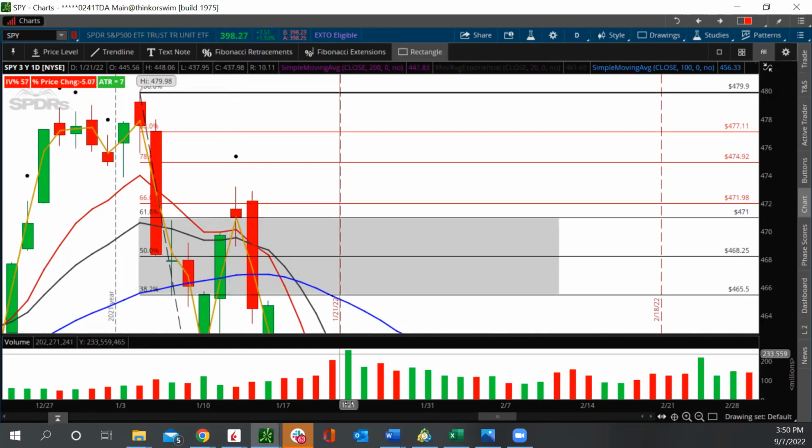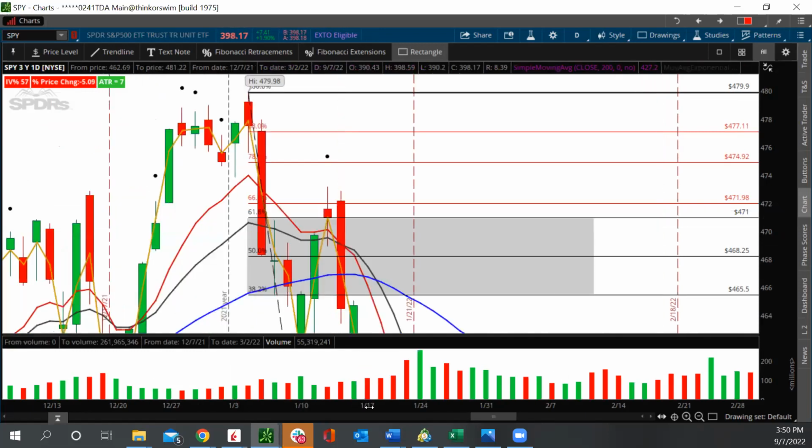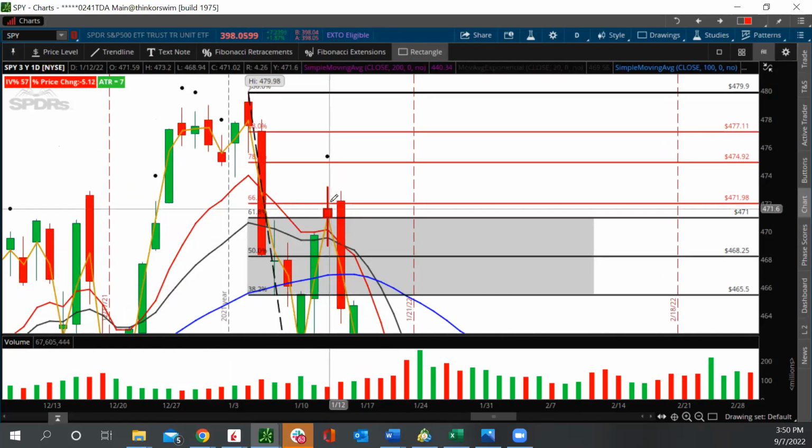And then what happens is that the institutions will push price through that level, trigger people into the trades, all the retail traders who have set up their entries inside this zone. And then they run the price to the 66 level, which then hits everyone's stops. Then they bring it down.